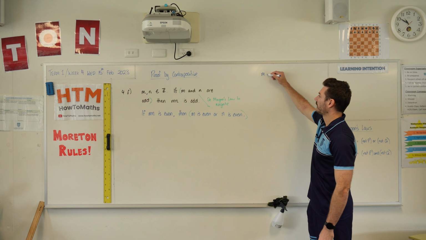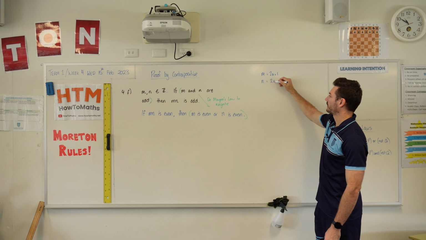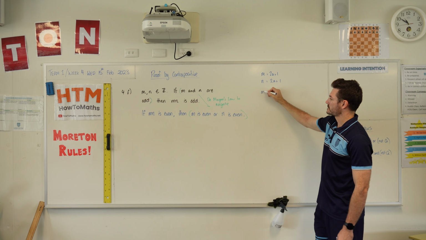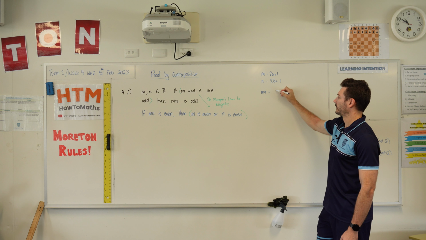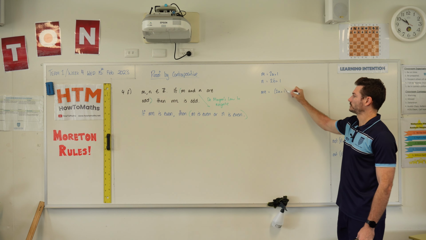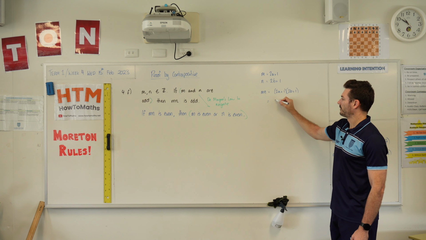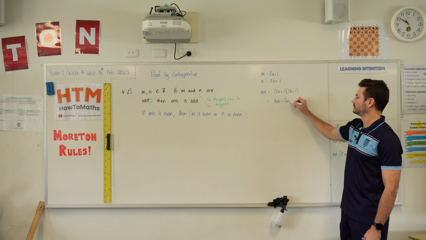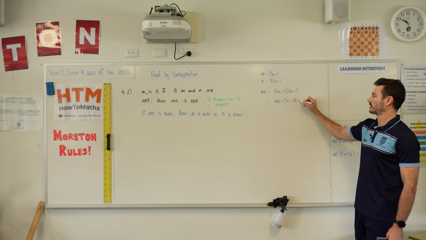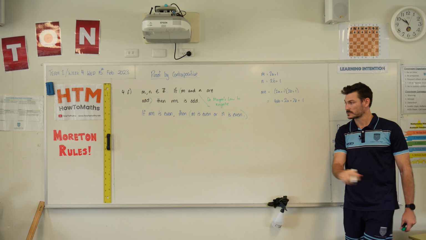So M equals 2a plus 1, N equals 2b plus 1. We make it different, 2b. Then we've got 2a plus 1 times 2b plus 1, which is 4ab plus 2a plus 2b plus 1. And what we can do is factorize a 2 out of the first 3 terms.